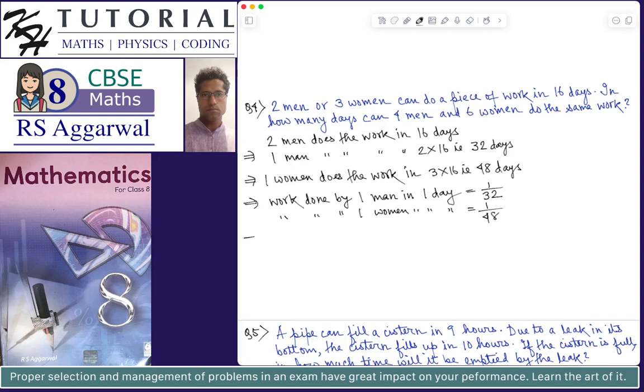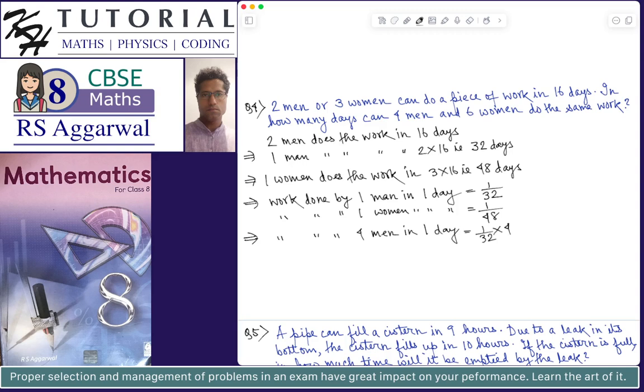Now we need to find the work done in one day by 4 men. If one man can do a work of 1 by 32 in one day, then the work done by 4 men in one day will be equal to 1 by 32 multiplied by 4.